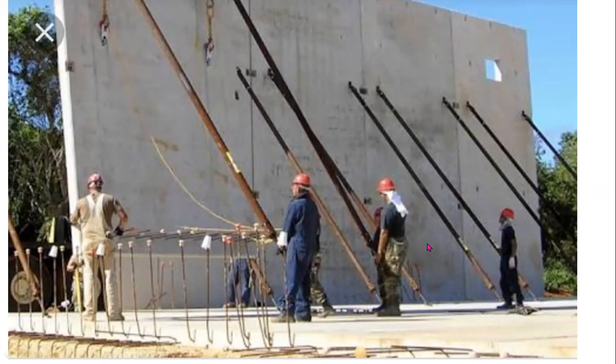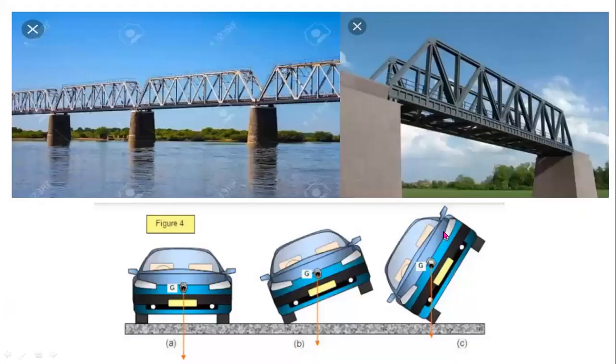The concept of centroid and center of gravity is very important in civil construction. In the mechanical field also, the centroid or center of gravity is very important to avoid accidents.